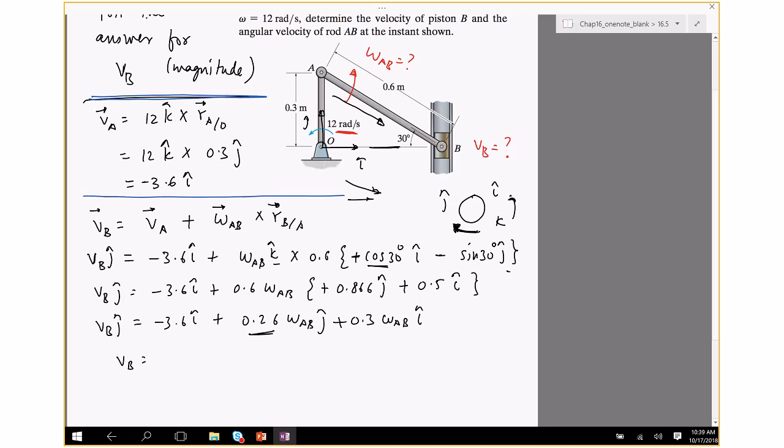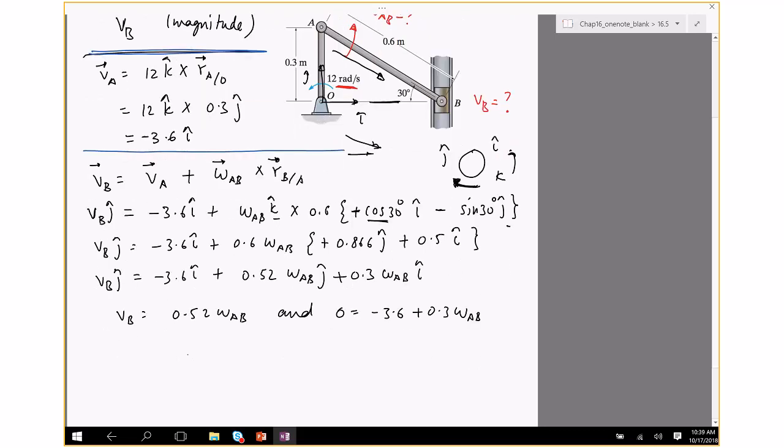Oh, it should be twice of that. 0.6 times 0.866, 0.52, is that right? Twice of this. So VB equals 0.52 omega AB and 0 equals minus 3.6 plus 0.3 omega AB.